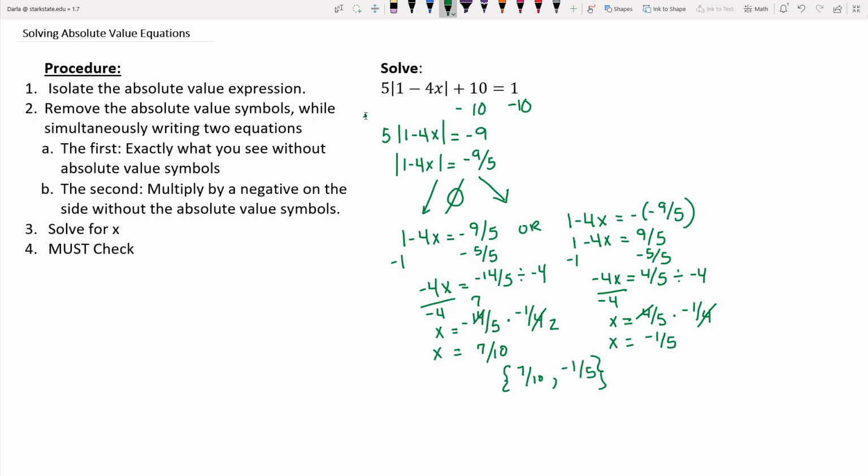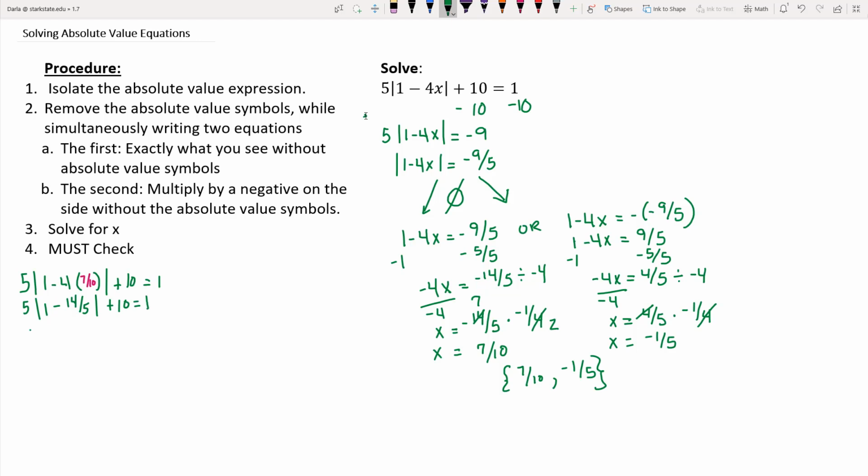But then we would have to check. So if we go through our check, we have 5 times the absolute value of 1 minus 4 times our x, plus 10 equals 1. And then our check is to plug in 7 tenths. But that's just 5 times the absolute value of 1 minus 28 tenths, or 14 fifths if you reduce that, in absolute values.